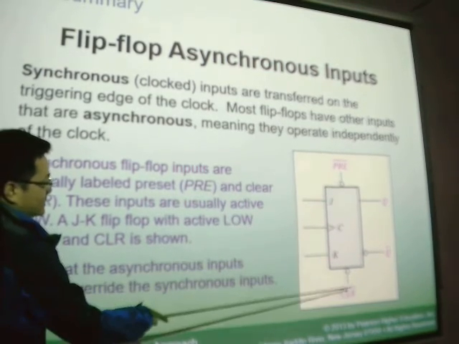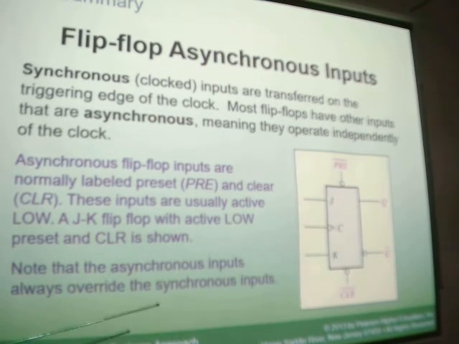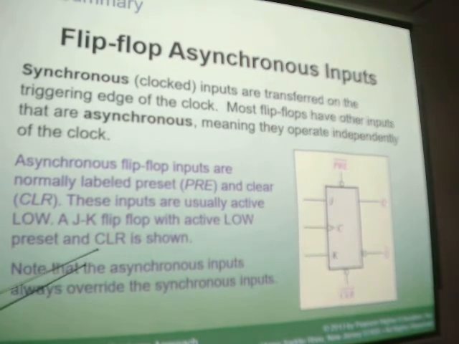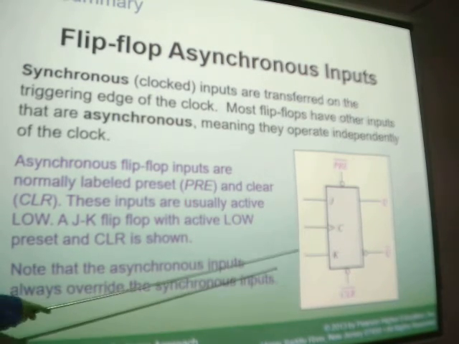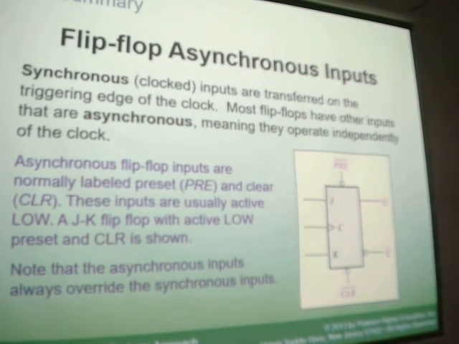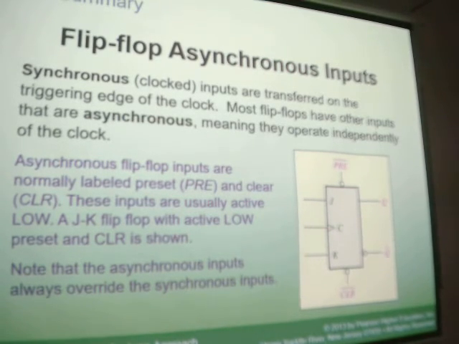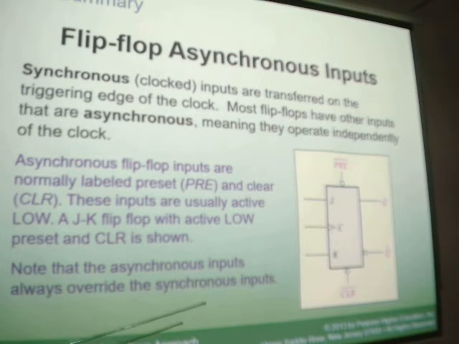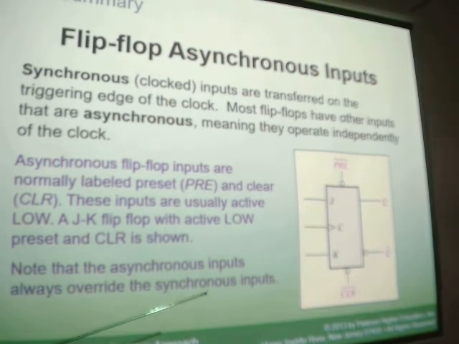A JK flip-flop with active low preset and clear is shown like this. Note that the asynchronous inputs always override the synchronous inputs.